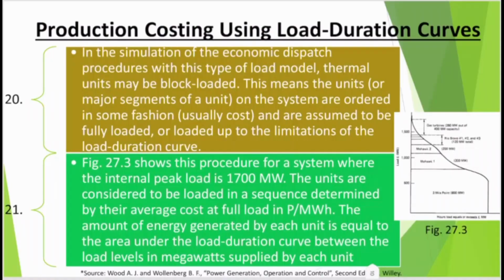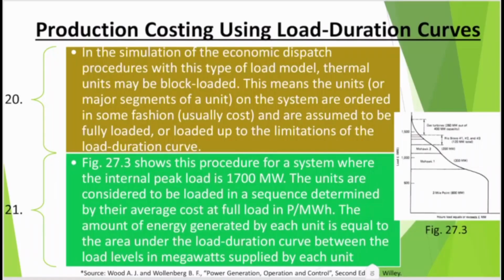So most of the classical nuclear power plants and thermal power plants are all my base loads. We don't allow them to be switched on and off frequently because it's a big plant. It's not easy. Even starting a thermal power plant will take hours, days and weeks. So those power plants will run round the year unless there is maintenance. So that's what they're saying: if you have n number of generating units, you order them.